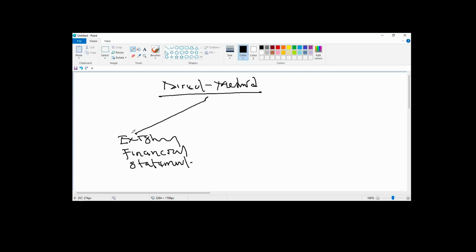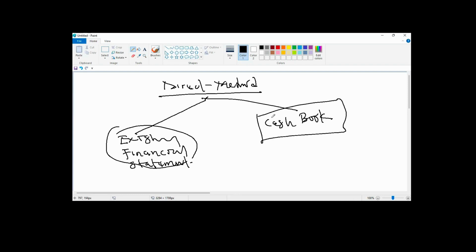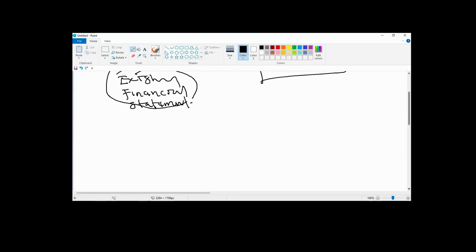Secondly, from the cash book. This one was tested last. They will give me the cash book. For the existing financial statements, it is just only 4 or 5 items.